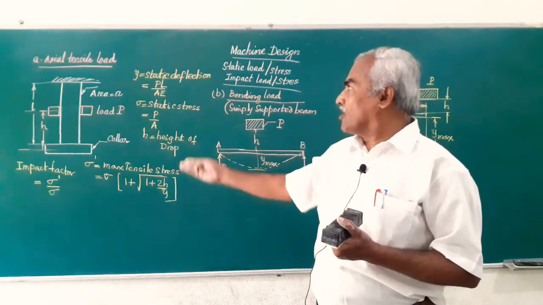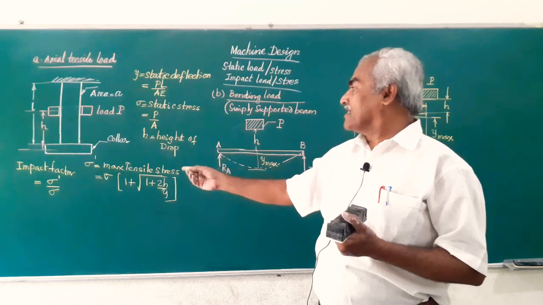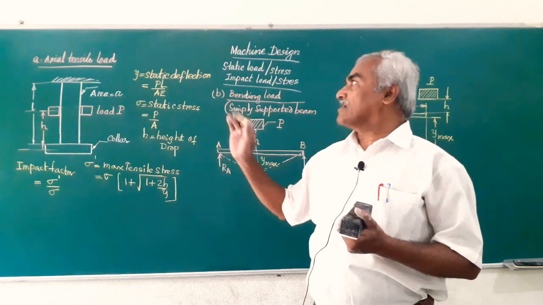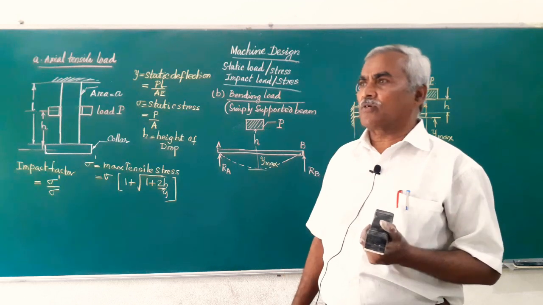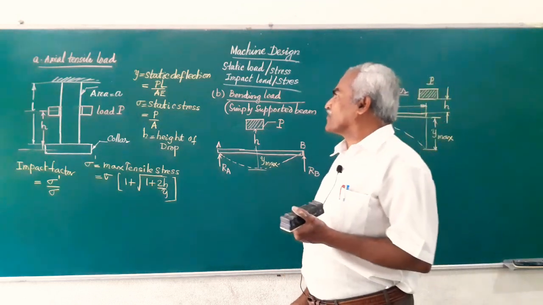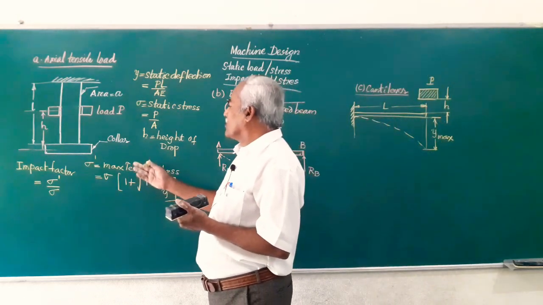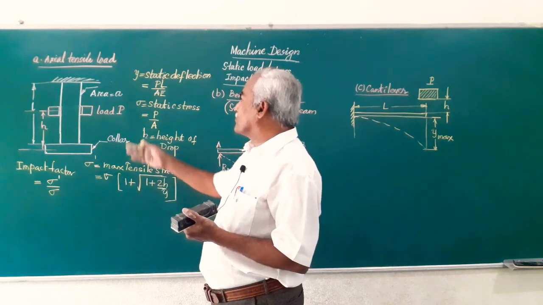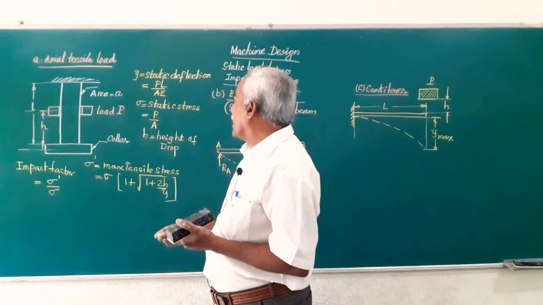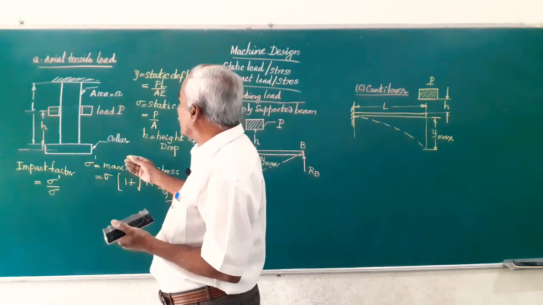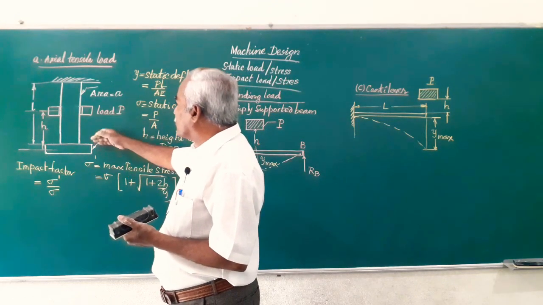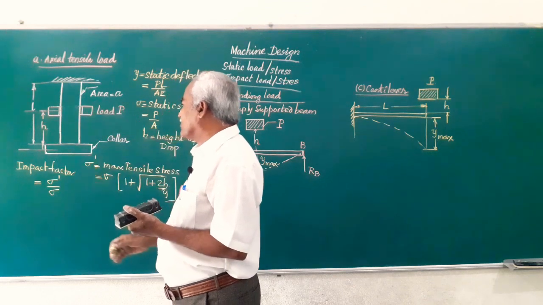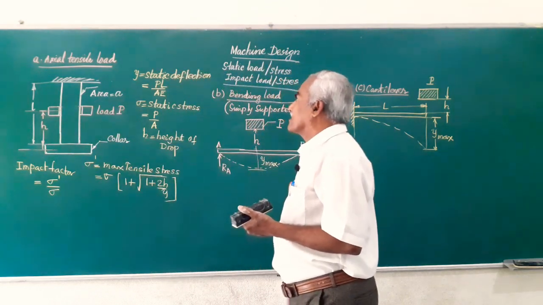And this is how we calculate the impact factor for an axial tensile load. Friends, in this problem, they might ask you to find out the maximum deflection, that is, deflection due to the impact load, or they might ask you to find out what is the load to be dropped so as to cause a deflection in this member, or the impact factor.